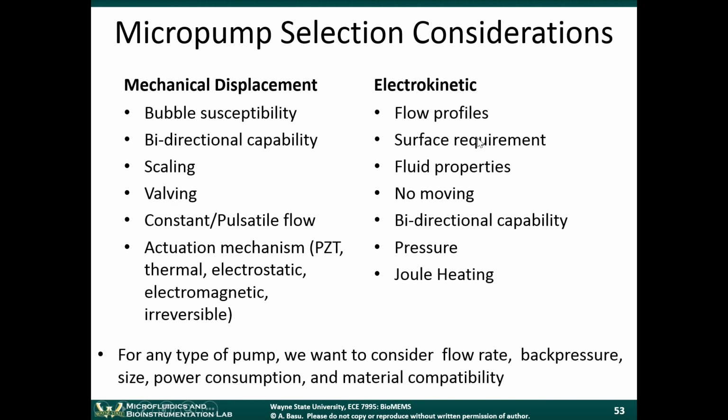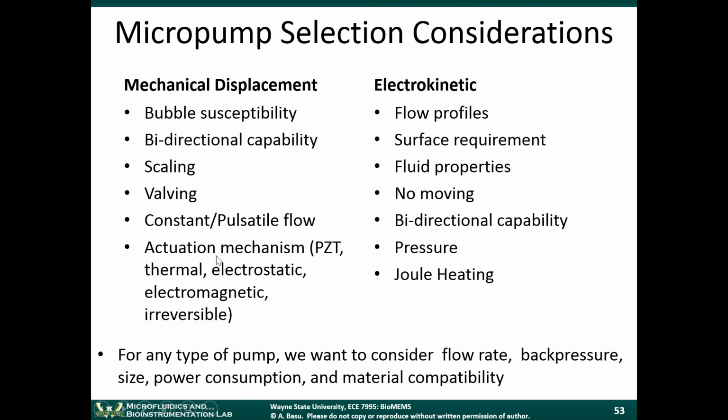When you're selecting a micropump for a specific application, if you're thinking about mechanical displacement pumps, you have to consider the fact that bubbles will really cause issues in your system. If you need bidirectional capability, that's where mechanical displacement pumps fare very well. In some cases, they scale relatively okay; in other cases, they don't scale as well as electrokinetic pumps.